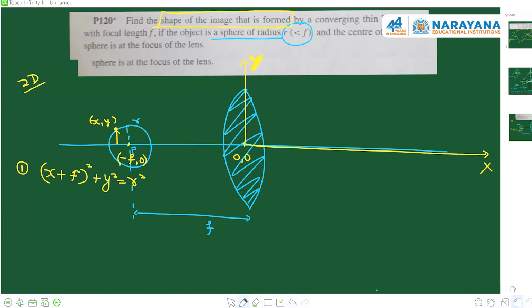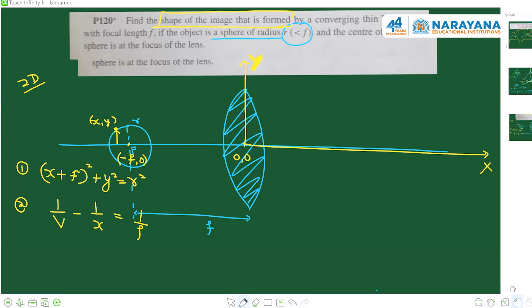Okay. What are other equations I can write? So now I'm concentrating on this point as my object, and I want to simply find out its image coordinates. So I'm saying 1 upon v minus 1 upon u, where u is x for it with sign convention, is equal to 1 upon f.